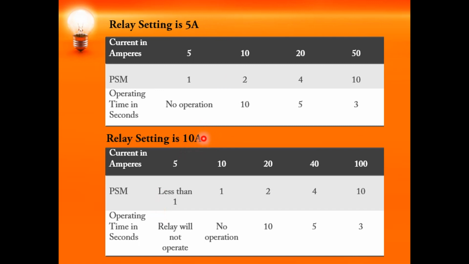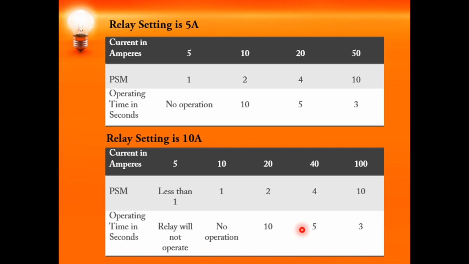Similarly, if the relay setting is 10, you see these are the PSMs which we have, and the operating time. So the operating time will reduce as the magnitude of the fault current increases. So this is the PSM and the operating time for the relay setting which is given. So depending upon the relay setting we choose, our operating time is also going to vary.